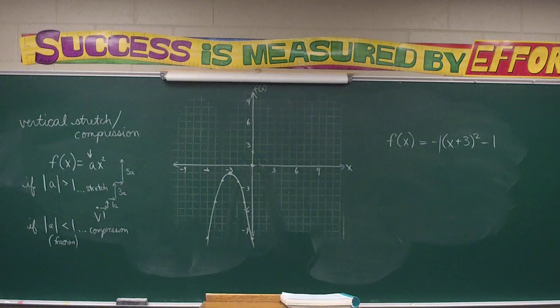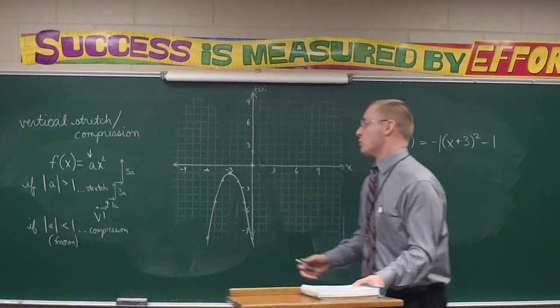So if you have a bigger value, you stretch it out more. Smaller value, less than 1, meaning some kind of fraction, a half, a third, 2/15, whatever, you're going to get compression. So let me show you what that's going to look like.